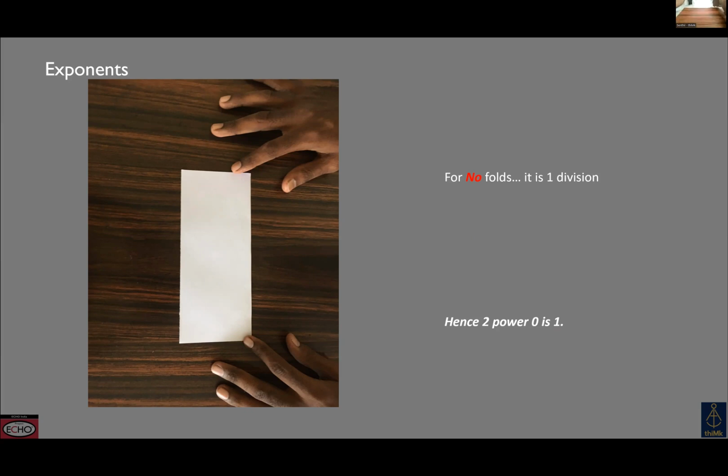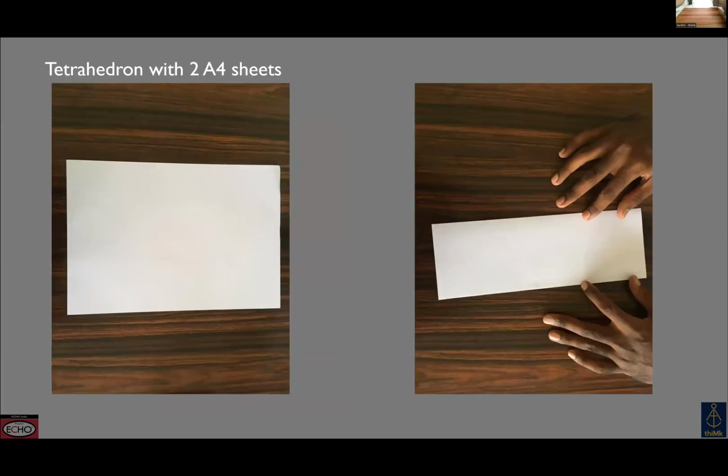Let's move to the next one. And we are going to make a tetrahedron with 2 A4 sheets. Keep the A4 sheets handy, 2. And here I'm going to fold it on the long side.